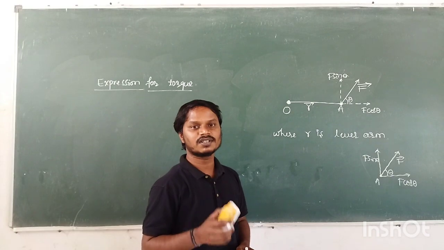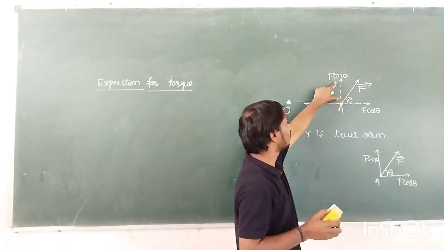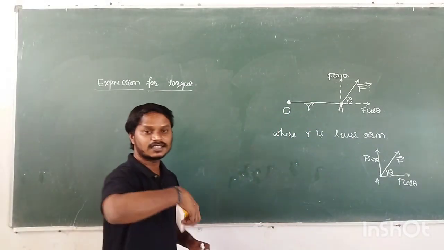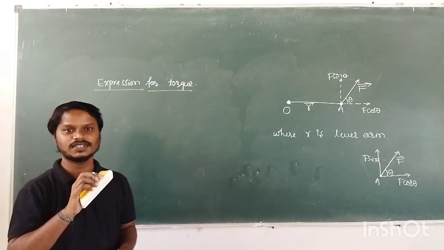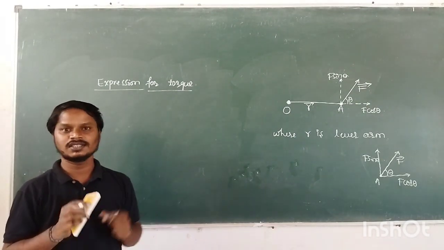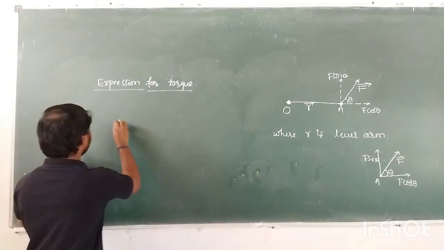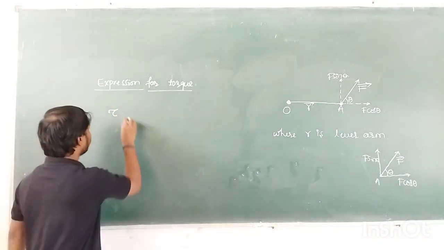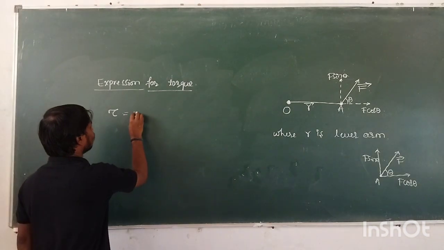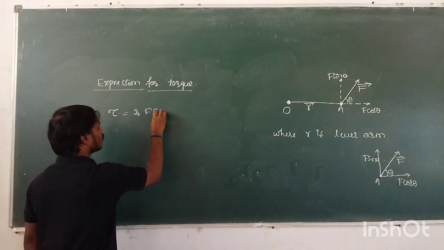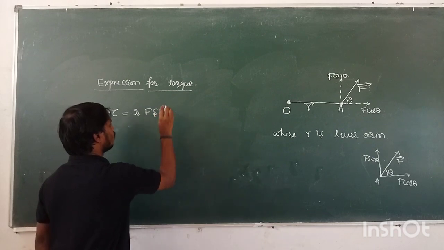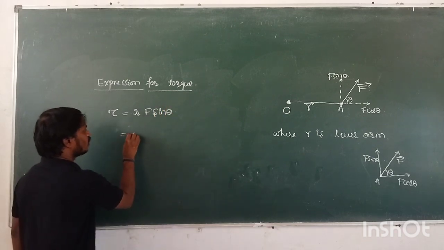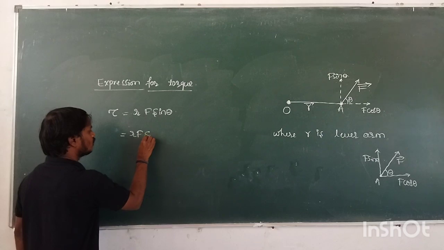What is the perpendicular component of force? That is F sin theta, because F sin theta causes the rotational motion. Now, torque is represented by the letter tau. Tau is equal to the position vector times the perpendicular component of force, F sin theta. Then we can write tau = R F sin theta.